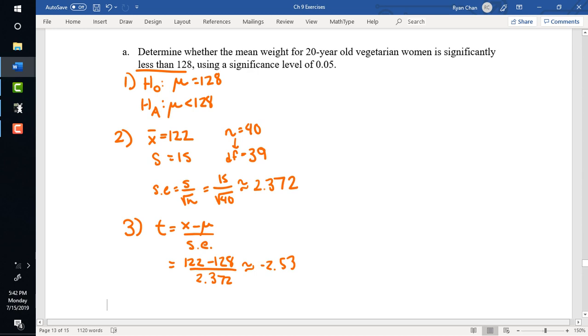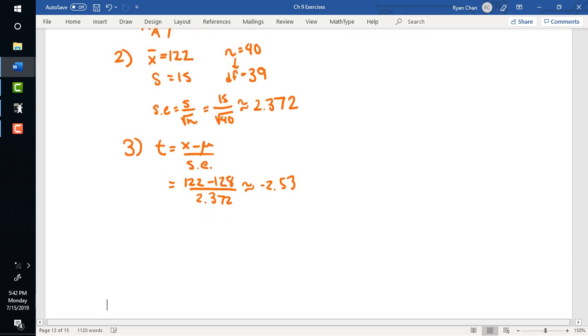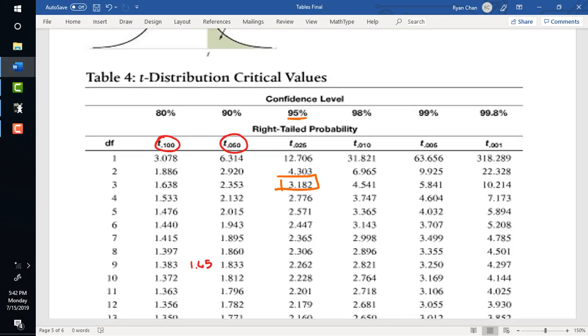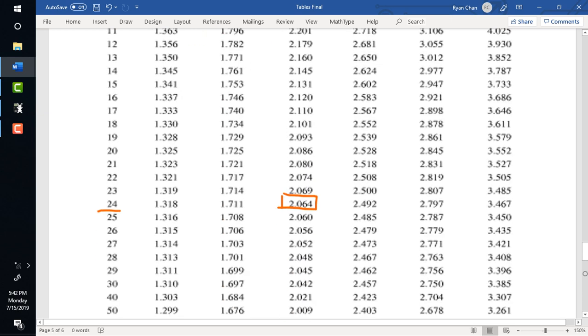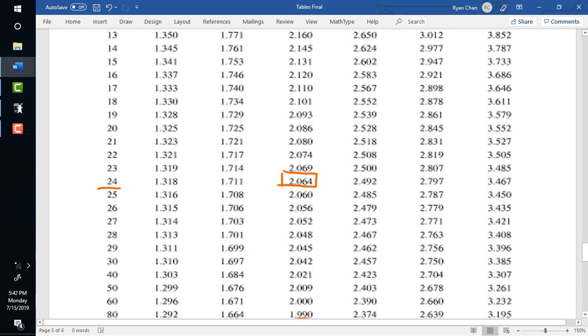Okay, so let's talk about how you would go about this. Your t will make it positive, okay, because I want to see where it lies exactly within my table. So I'm going to go to my table, and I have a degrees of freedom of 39. Now, here's the thing, right? Degrees of freedom of 39, we're going to focus more on the 41.